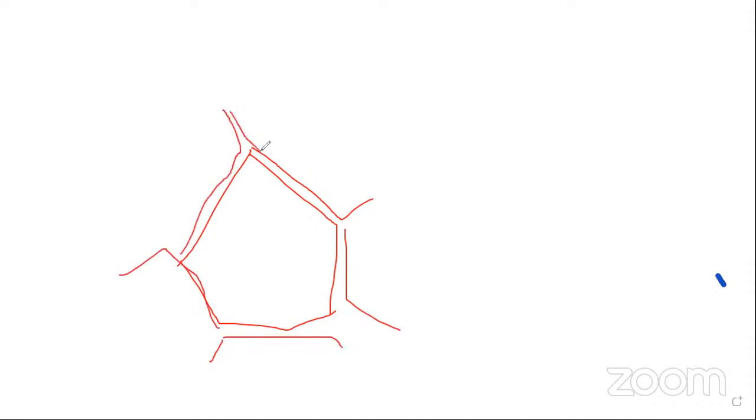Inside there is a nucleus, isn't it? Inside there is a nucleus. See here, you know the difference. Then only it will be better for you. So this portion is called the nucleus. This one is called the cell membrane or cell wall.